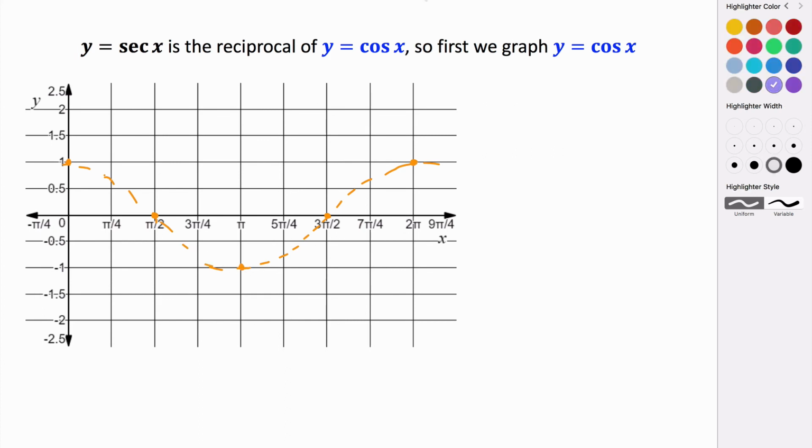And then just like we did with the sine function, with the cosecant function, anywhere there are x-intercepts, those are going to become vertical asymptotes because the reciprocal of 0 is undefined. So vertical asymptote at pi over 2 and also at 3 pi over 2.